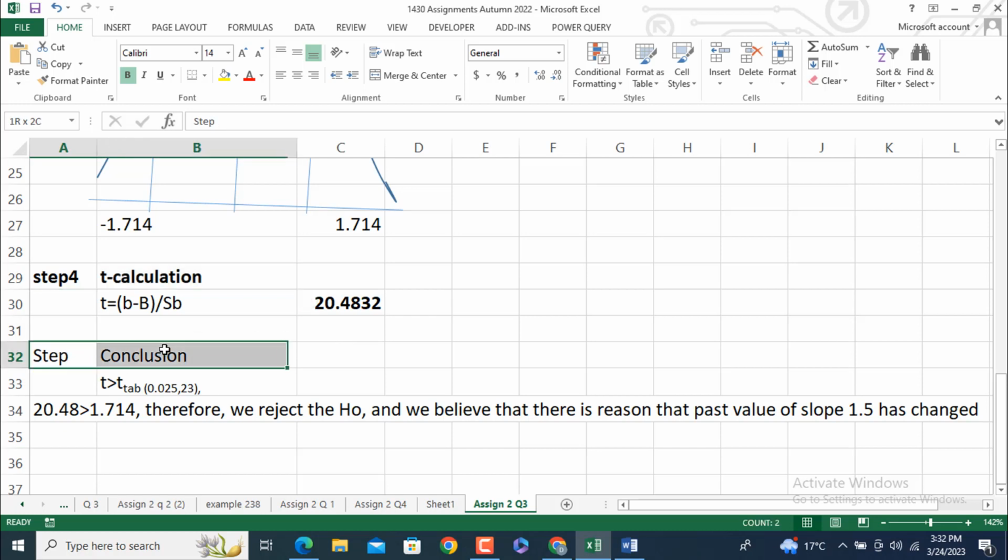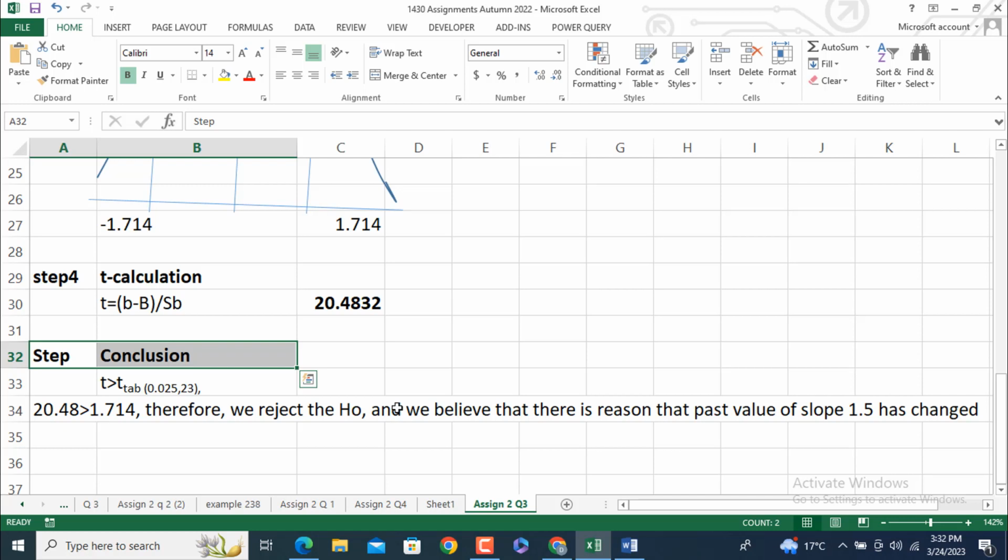Conclusion, this is the last step. Look at this: 20.48 is greater than 1.714. It means our value lies beyond this limit and does not belong to the acceptance region. So we reject H naught, and we believe that there is reason to say the slope has changed from the value of 1.5 to another value.